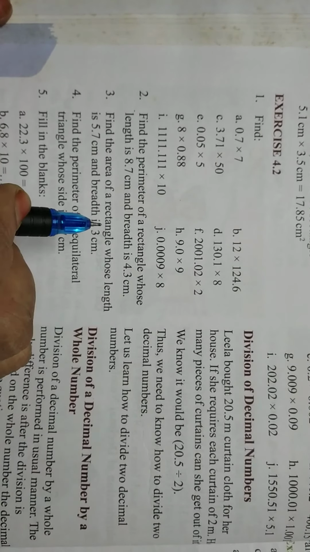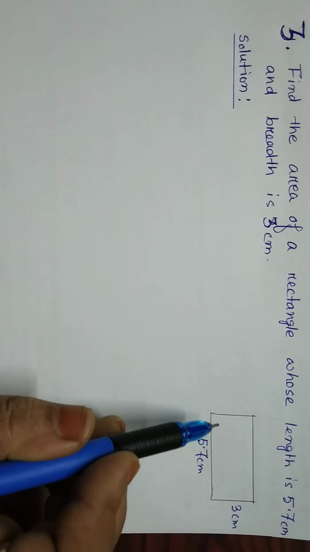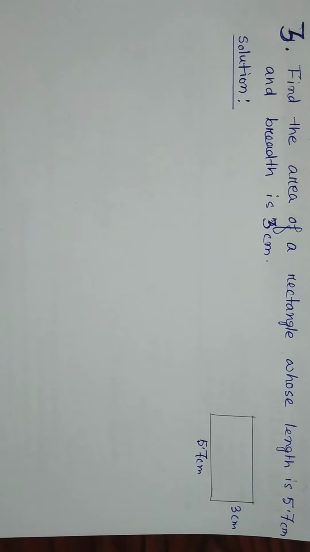Question number 3: find the area of a rectangle whose length is 5.7 cm and breadth is 3 cm. Suppose this is the rectangle, with length 5.7 cm and breadth 3 cm. We find the area. Area means what?